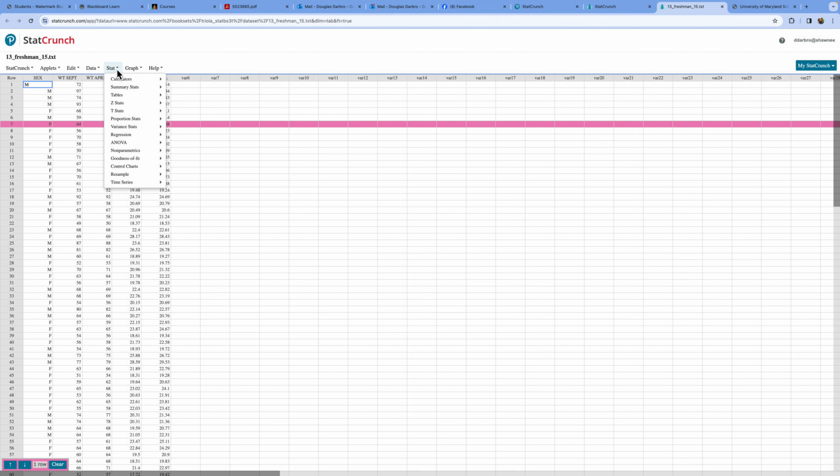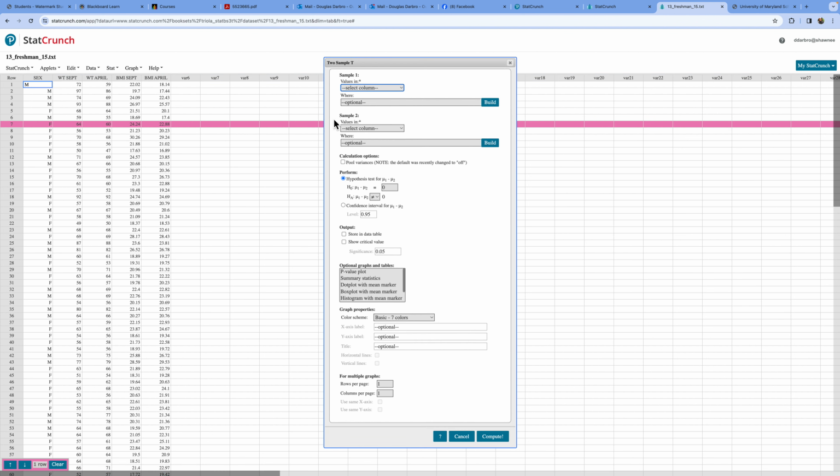If I come to StatCrunch and go to tstat and run a 2-sample with data, I have to have my samples in columns, which is completely different than what I've told you that we need to do. In fact, it's in complete opposition to that.